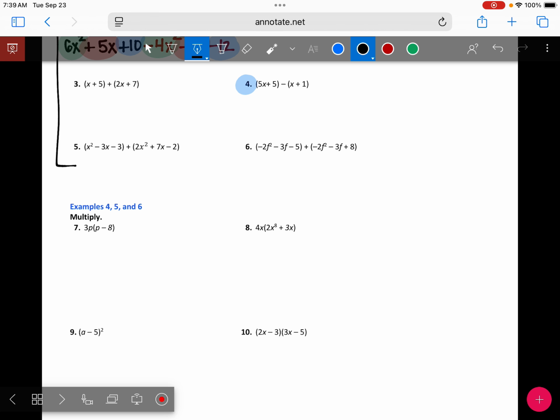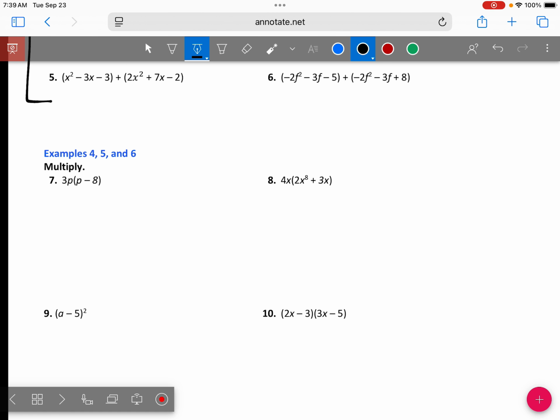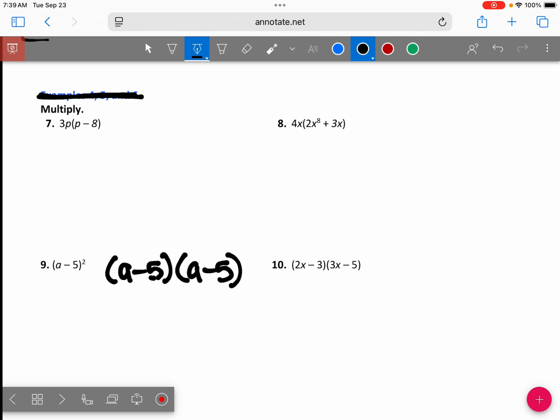So now you should be able to do 4 through, oh, these numbers are wrong. Oh no, I gotta fix that next year. All right, but 7, 8, 9, and 10. So remember, for number 9, that's a minus 5 times a minus 5. So you have to make a box for that.